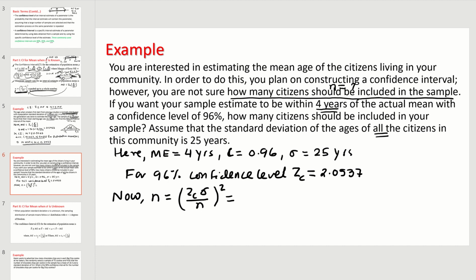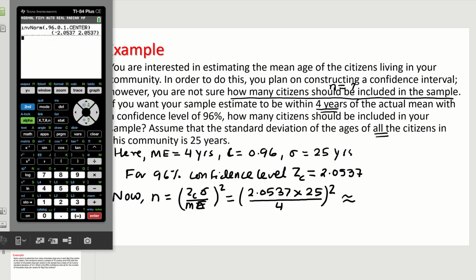So z sub c is 2.0537, times sigma, the population standard deviation 25, divided by, I wrote something wrong here, the margin of error, which was 4, squared. Now let's find this and round it up to a bigger whole number.